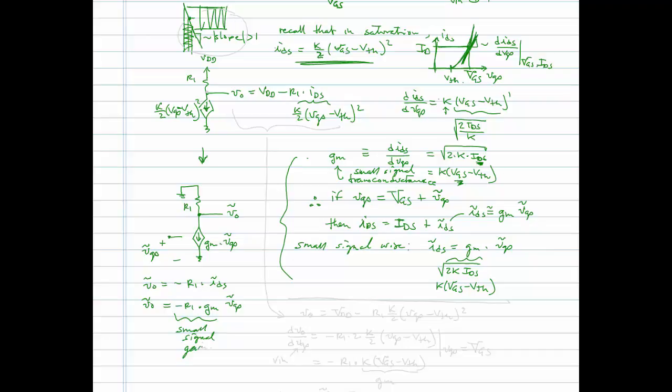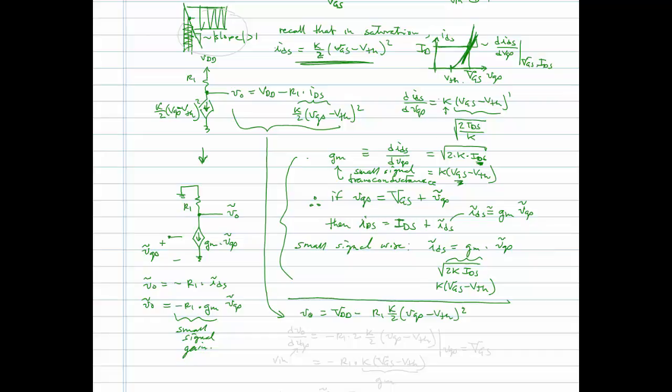Now maybe this confused you, how I did this, so let's go back to this expression here. That comes straight from our large signal analysis that we did in a previous lecture when the inverter was operating in the saturation mode. So we can write VO equal to big VDD minus R1 K over 2 times VGS minus V threshold squared.